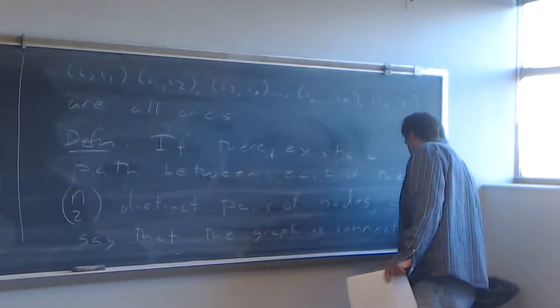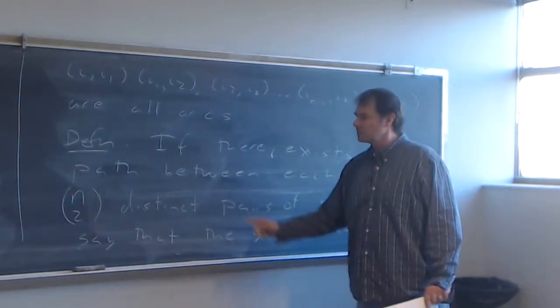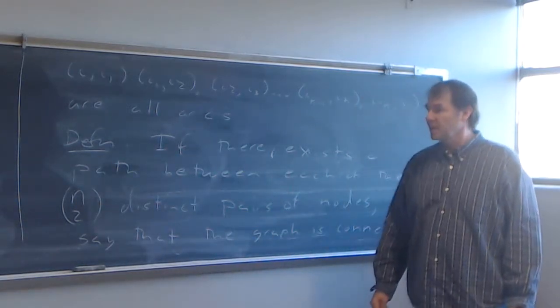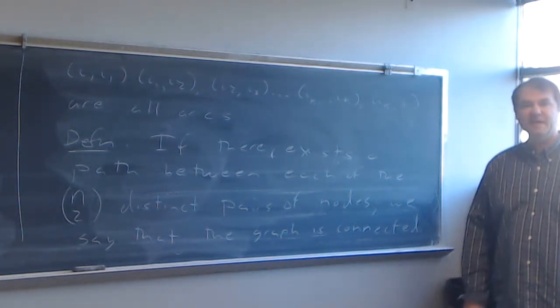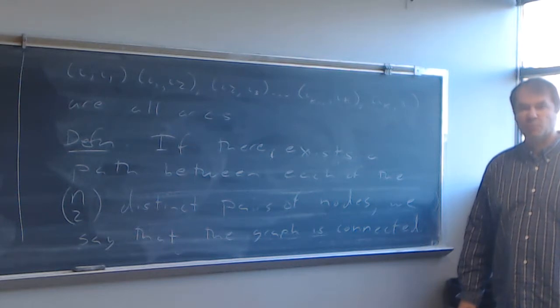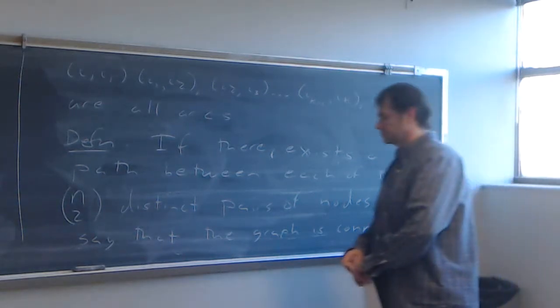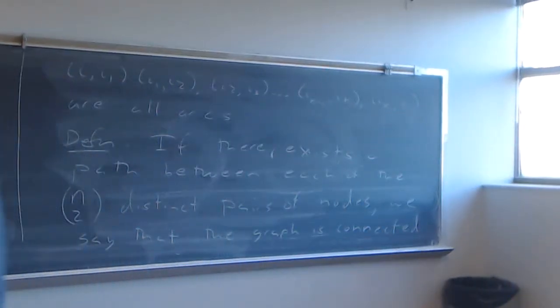Where we're thinking we have n nodes. So to be a connected graph, between any two nodes that you pick, there has to be a path between them. So if you can find two nodes that there isn't a path between them, then that's not a connected graph.